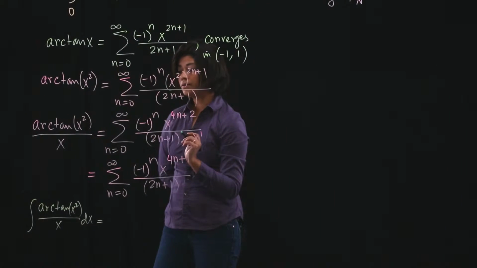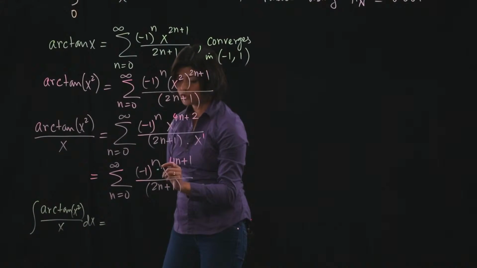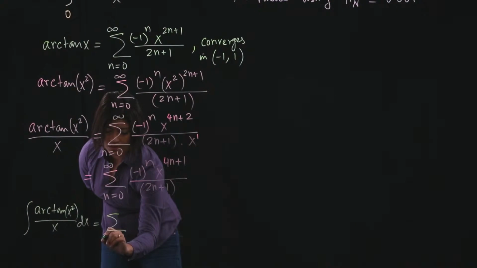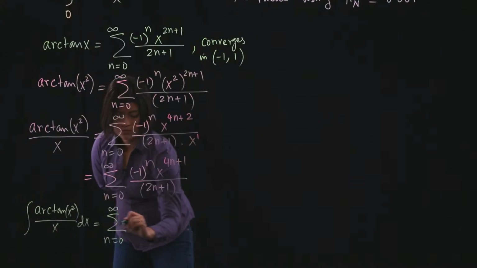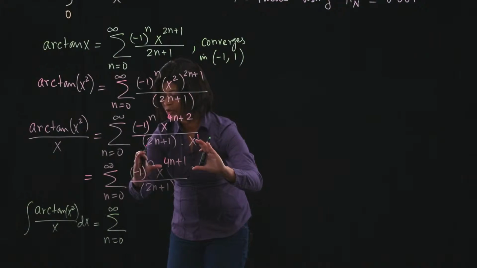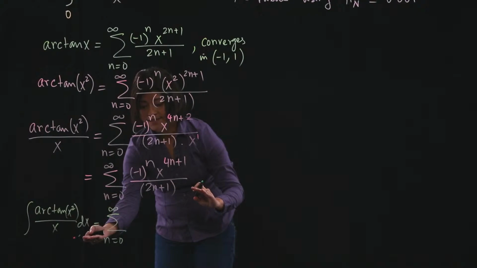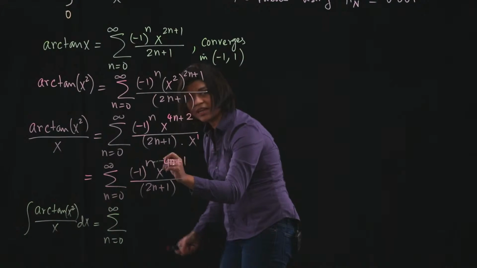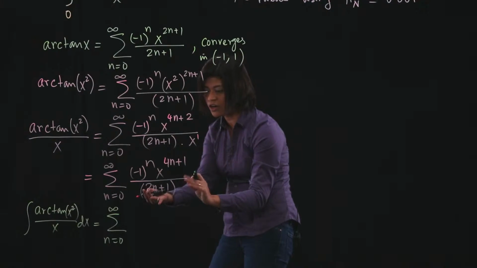Let's just do the indefinite integral first. So the series will be the integral of the term here, but notice that we're only integrating with respect to x. So all the terms that don't have x in it are just a constant.